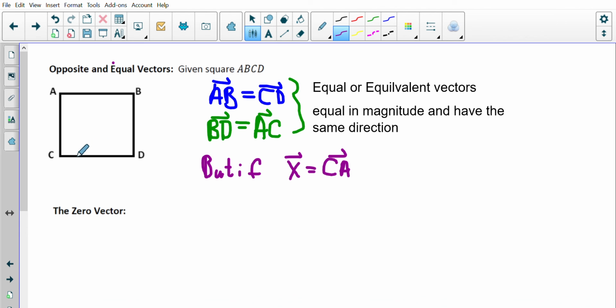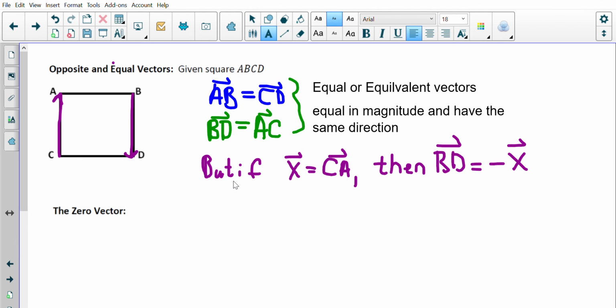So if CA is equal to vector x, then BD, which goes the opposite way, but again, equal in magnitude, equal in length, I could say that was what we say negative vector x. It's the opposite.